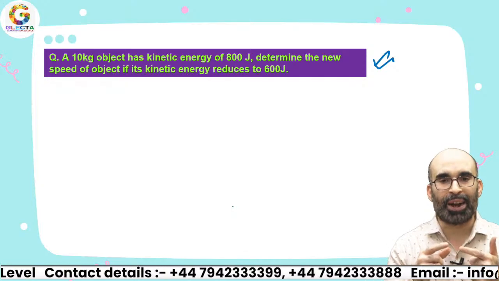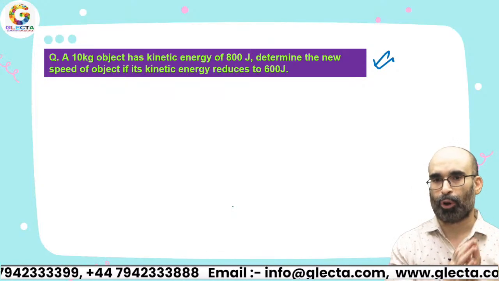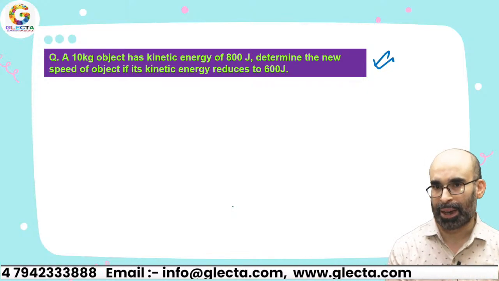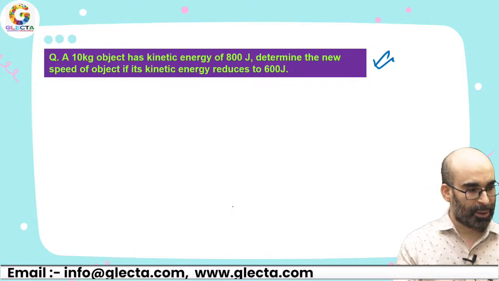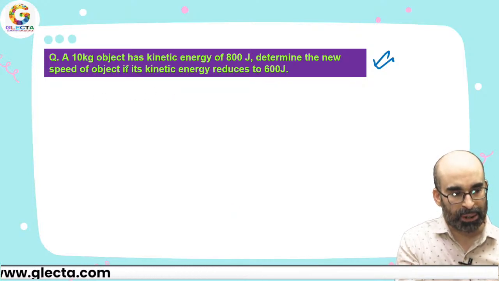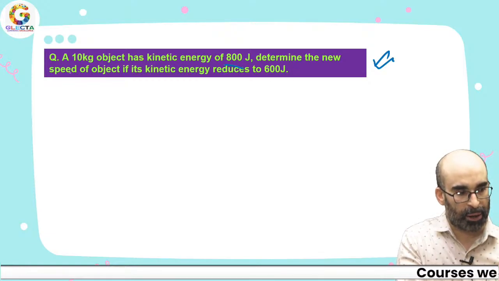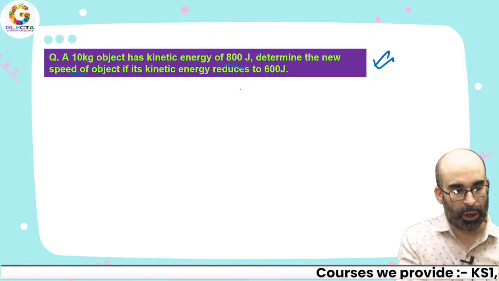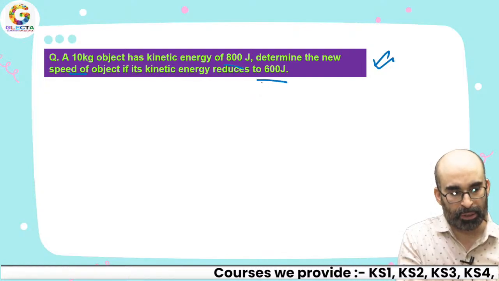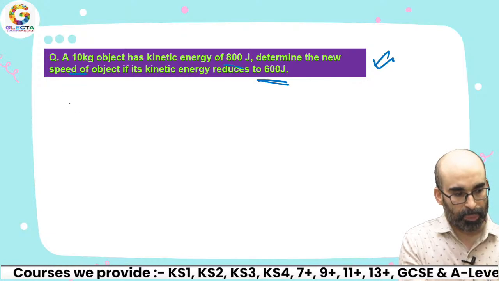Your presence of mind in calculating the correct answer is what you will be given marks for, right? Okay, now do this one. A 10 kg object has kinetic energy of 800 joules. Determine the new speed of the object if its kinetic energy reduces to 600 joules. Come on, give me the answer.